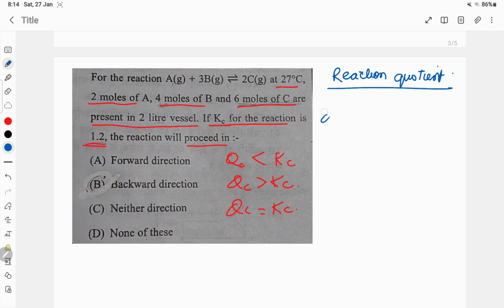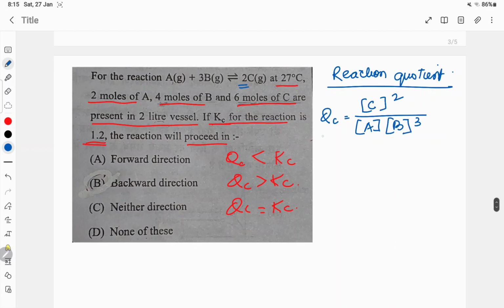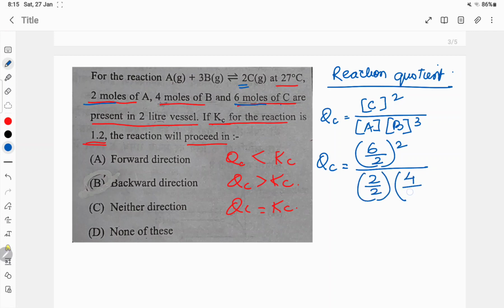The reaction quotient is equal to C squared divided by A times B cubed. Qc is equal to, for C, number of moles 6 by volume 2, squared, divided by, for A, number of moles 2 by volume 2, and for B, number of moles 4 by 2, cubed.